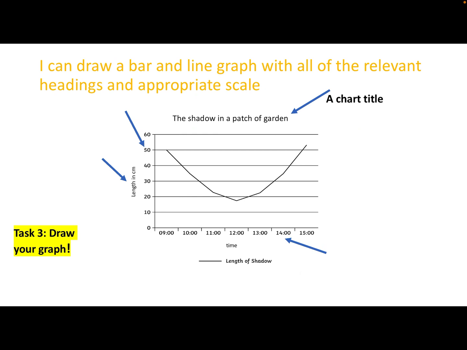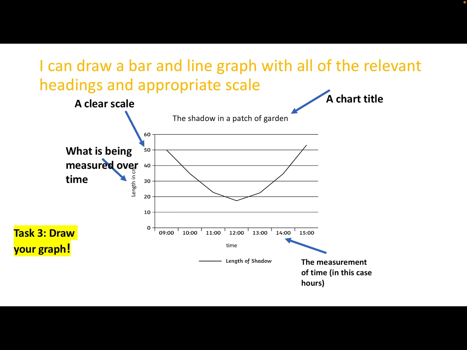So if you wanted to record how much time you've been on a screen, your title would be screen time over the week. The measurement would be your days of the week. And what is being measured over time. So that would be hours you would put there. Okay, and you need to decide what scale that's going to be again.